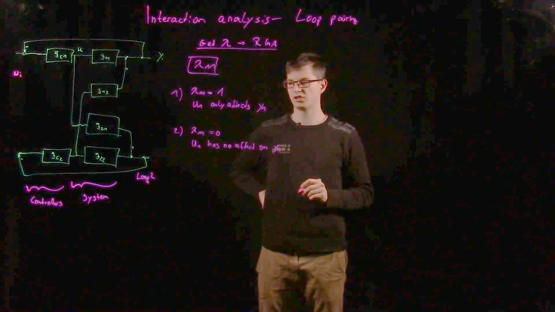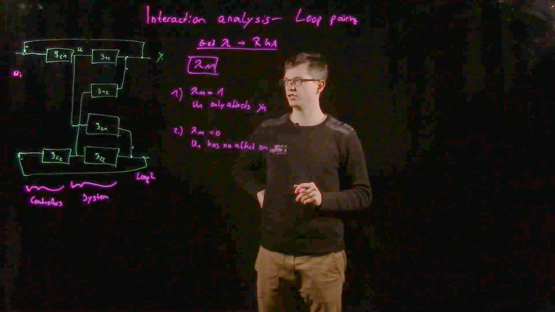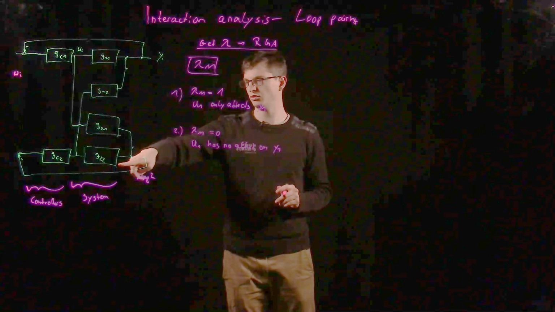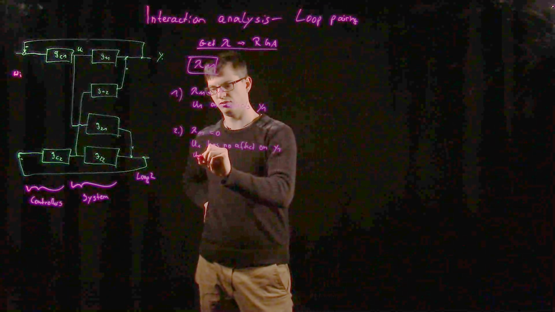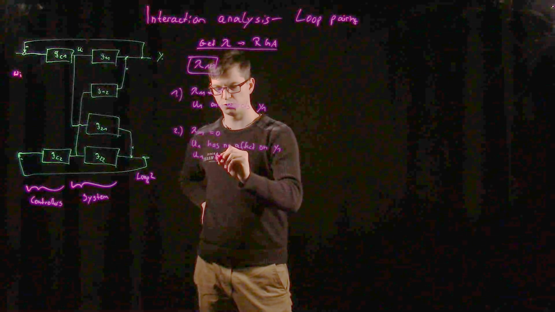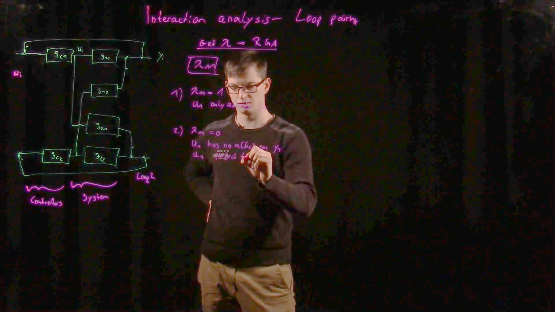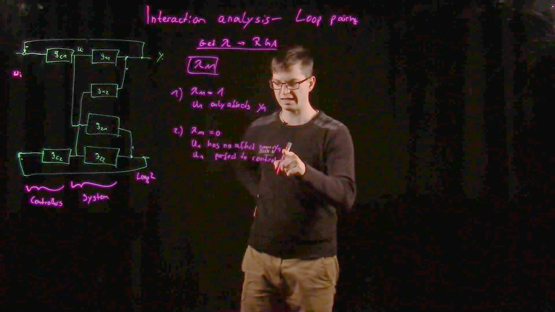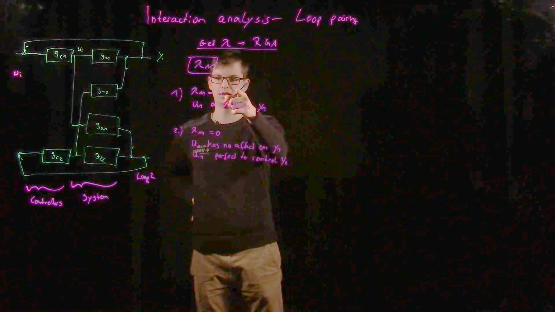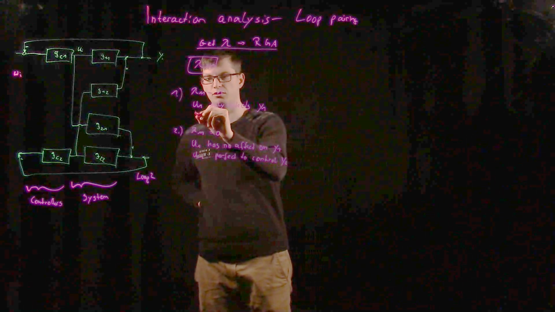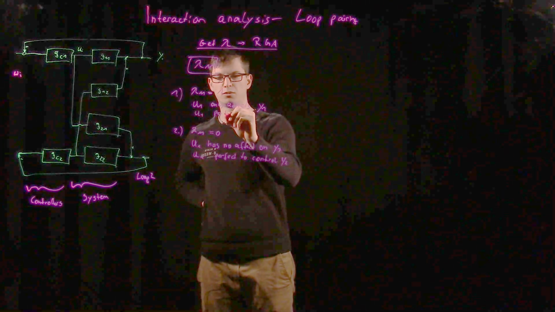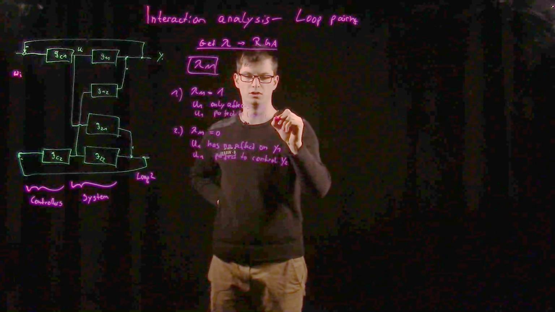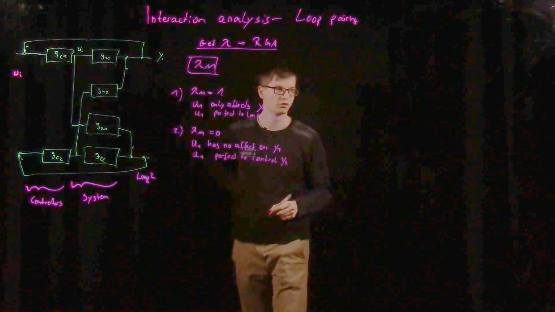This is actually no bad news, because this means that U1 is perfect to control Y2, because it has no influence on Y1. And in the first example, it's the other way around. So U1 is perfect to control Y1. So here it's the other way around.